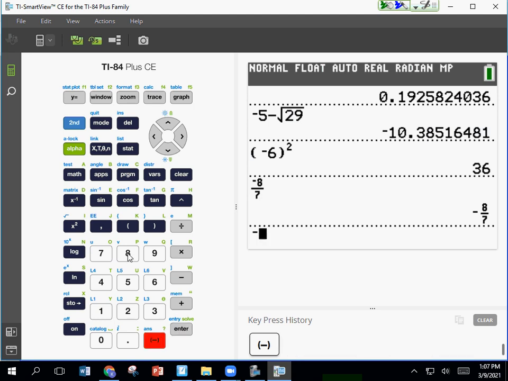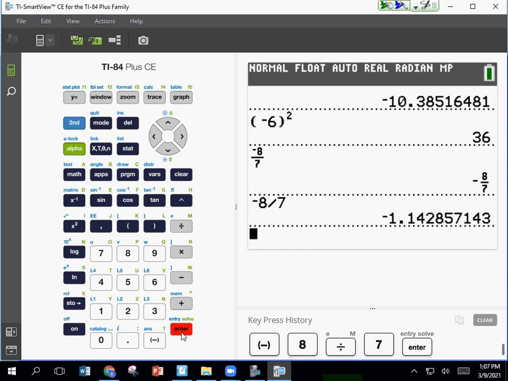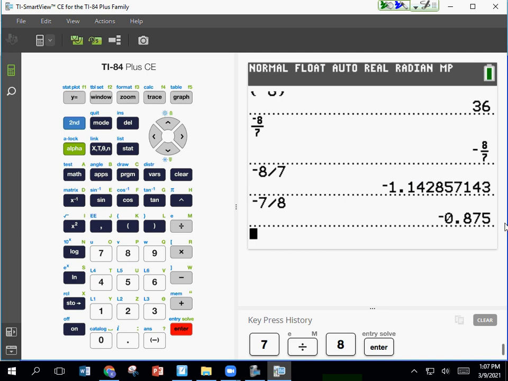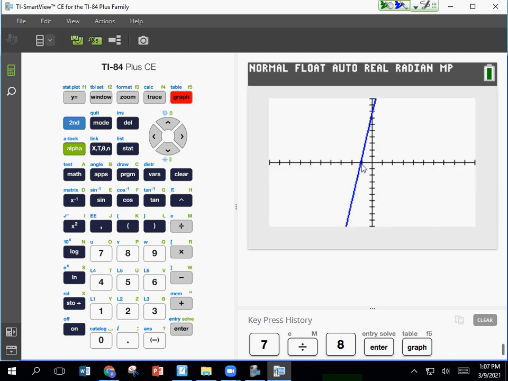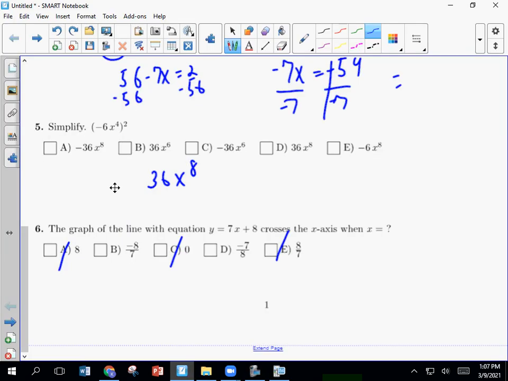So do negative 8 divided by 7, since it wants to give you a negative 1.14, and then the other one was negative 7 divided by 8, negative 0.875. So we want the one that's over 1, because as you can see on the graph, it is slightly over negative 1, not before it. So it is going to be B. Crosses the x-axis. All right.